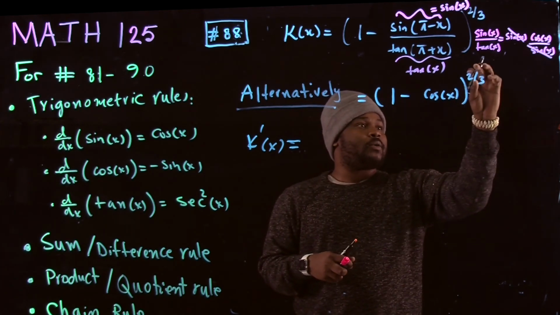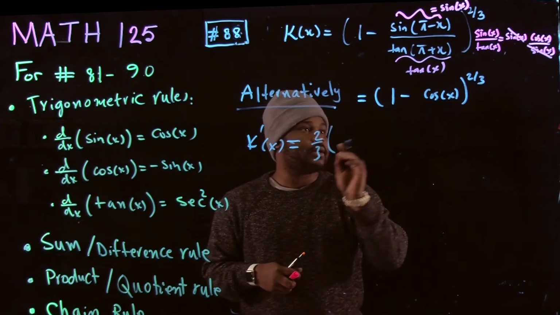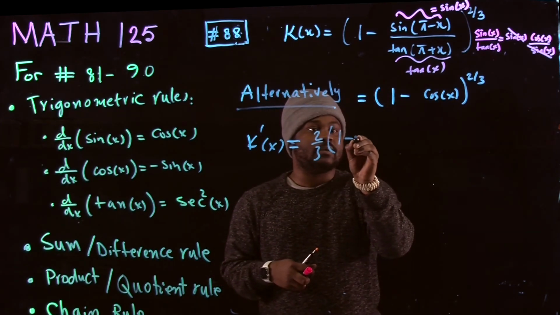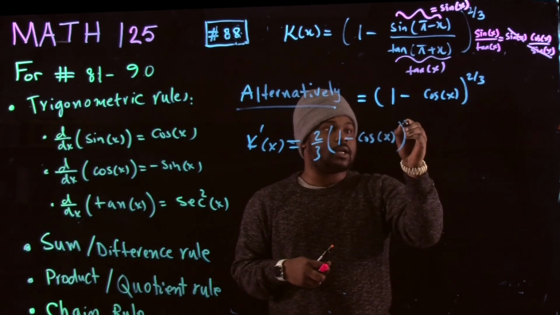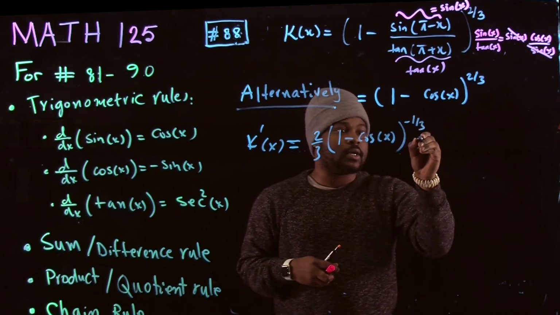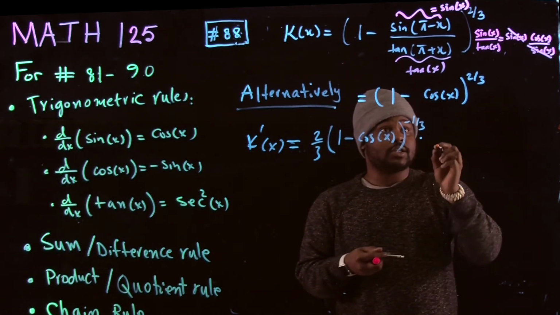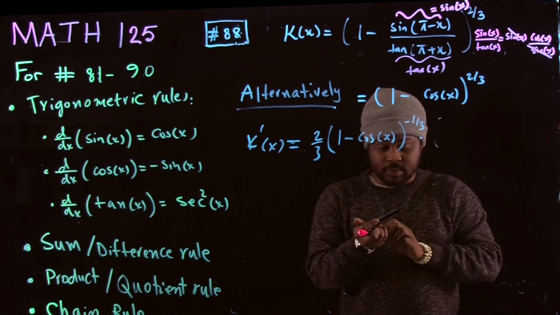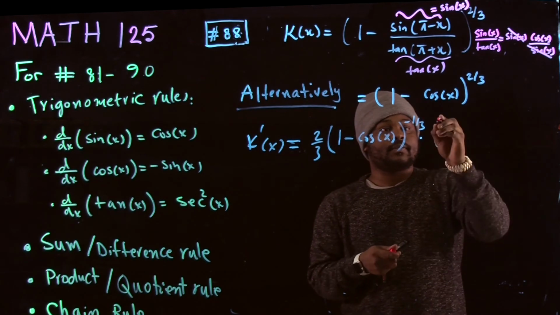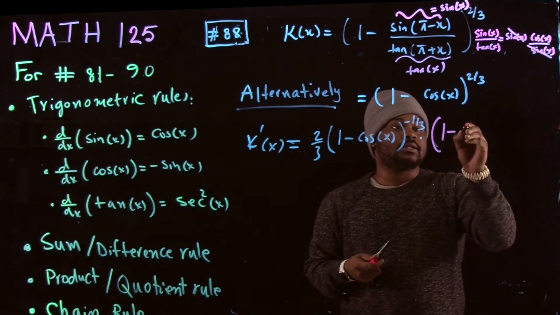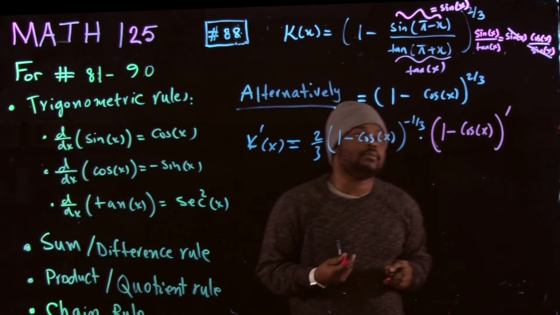So we know from power rule I can just bring the 2/3 to the front, 2/3, repeat whatever you have inside, don't forget to subtract 1 there, minus 1/3, times, now let's change color. This is part. Okay. 1 minus cosine of x prime.